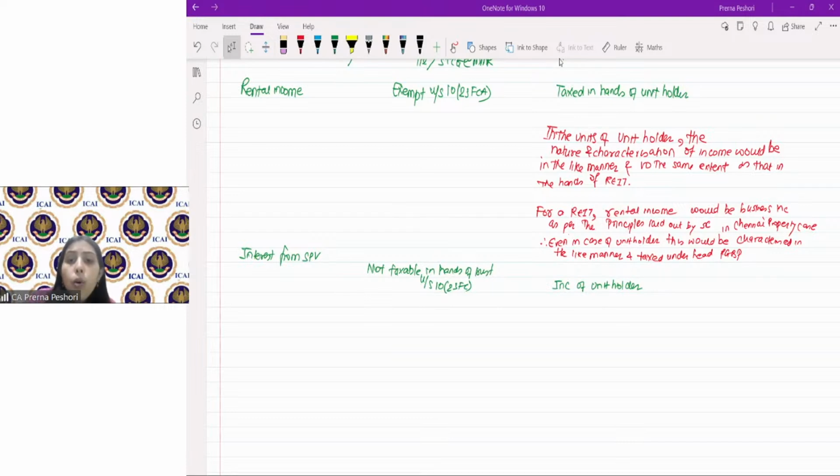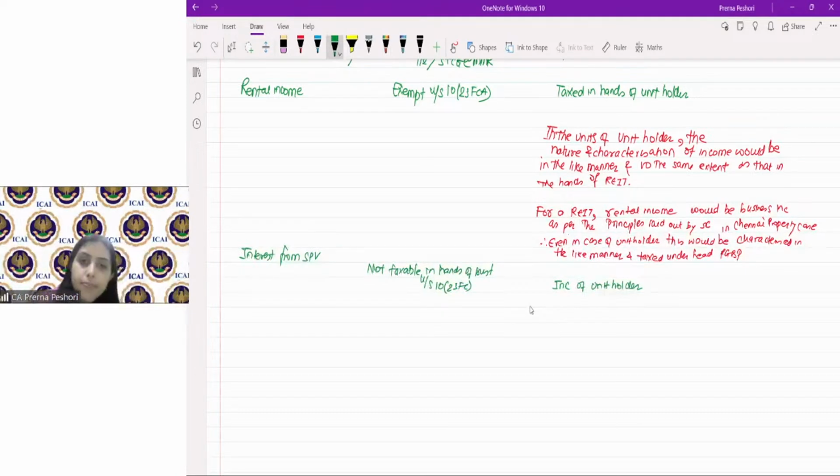The SPVs are not engaged in any other activity other than holding and developing the property. So for that purpose, the REIT can invest in the SPV and it can give the loan contribution. And it is in the nature of business that this particular loan is generating the interest income. So therefore, it can be characterized as the business income of the REIT.